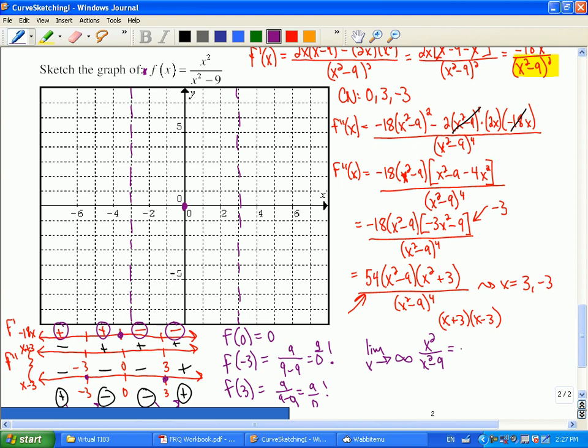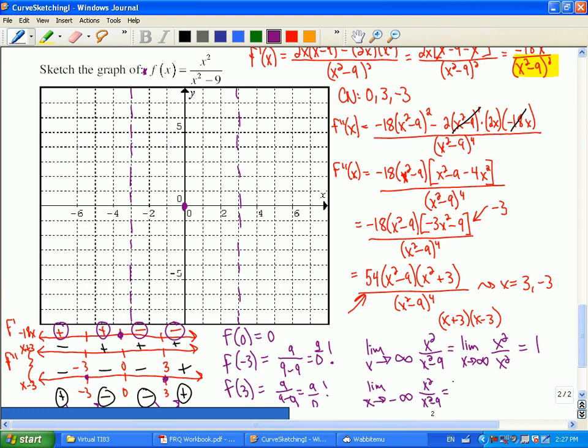So really what we're going to be dealing with here is the limit as x goes to infinity of x squared over x squared. We're only interested in those most significant spots, so we're going to have 1. If I try the limit as x goes to negative infinity, which is the left side of my picture, because I'm squaring it, that means it's going to give me the same answer.